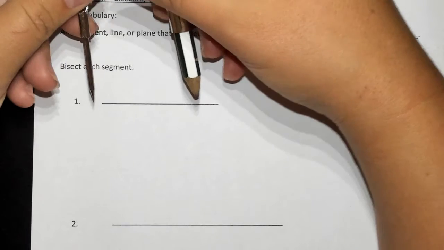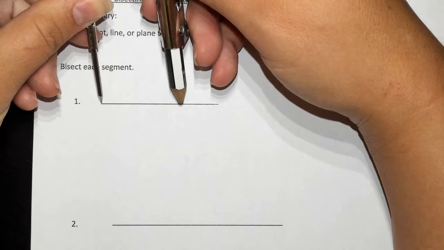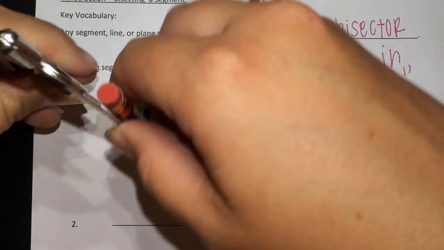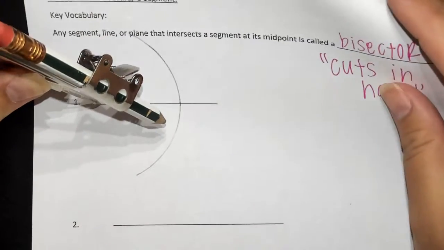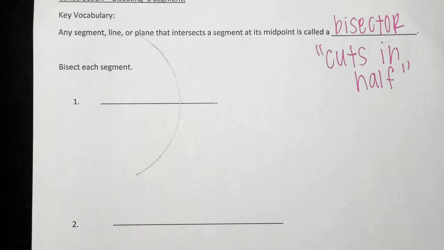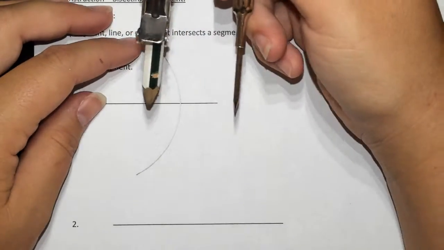You ready? Compass. Put the point over here, and then make your pencil a little bit more than halfway. Stand it up straight. This time I want you to make a big arc. I just made like a half moon. Keep it the same distance.